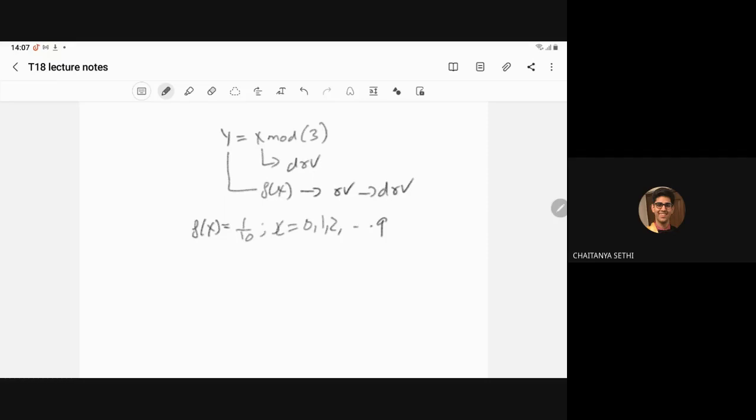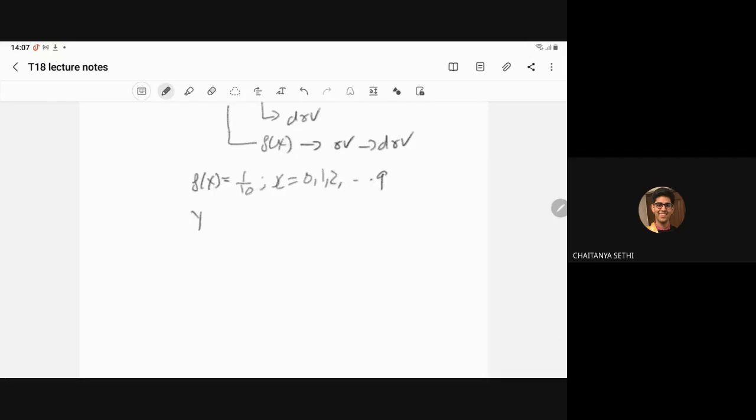And for y, before computing the probability, first you have to determine the possible values of y. So y is equal to 0 when x is equal to 0, 3, 6, 9.